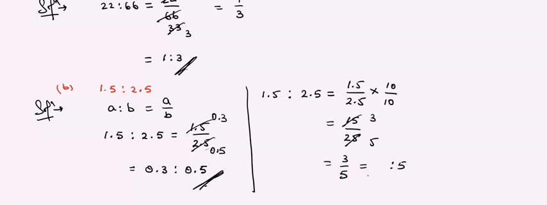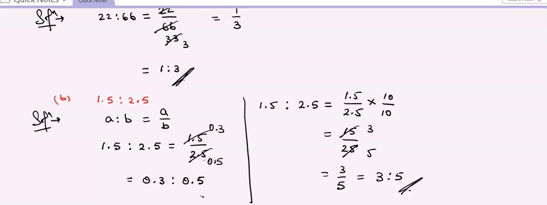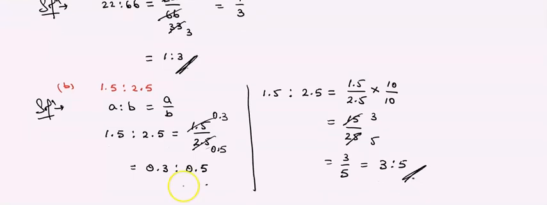3 is to 5. Now my dear students, remember, here you have to do some further calculation. After this step also, it is not 0.3 to 0.5. I just wanted to show you this step.